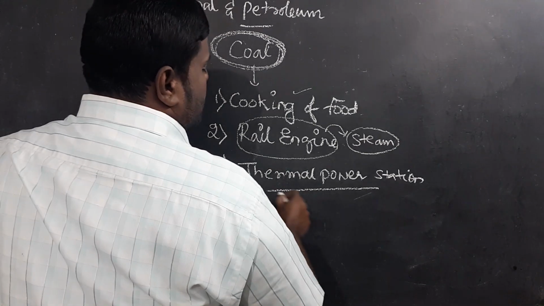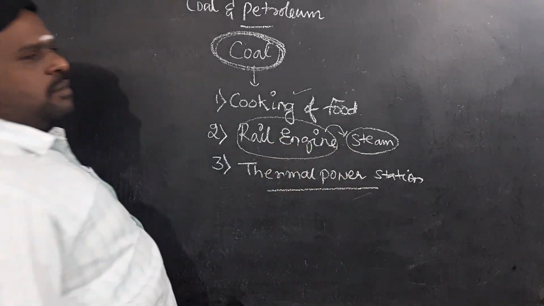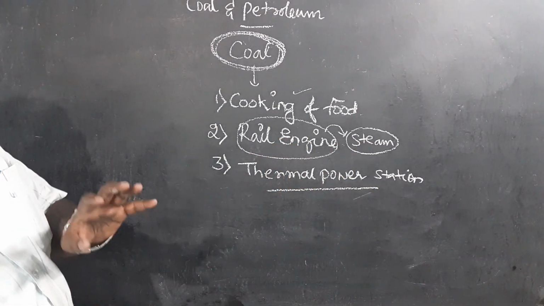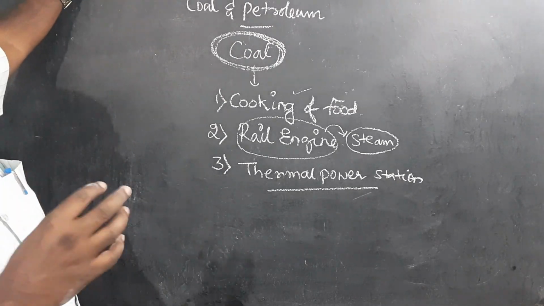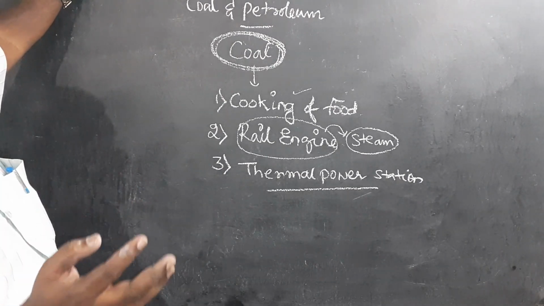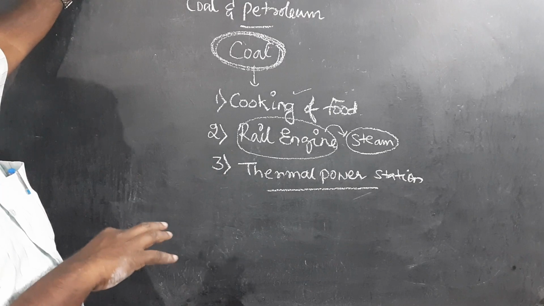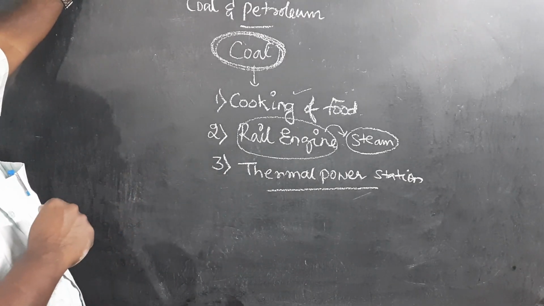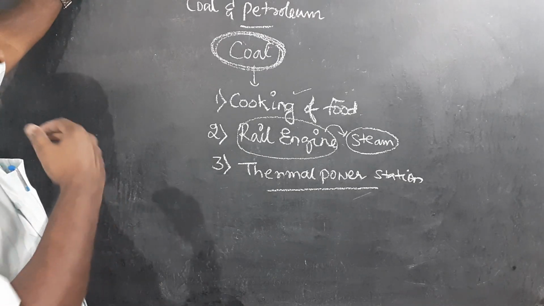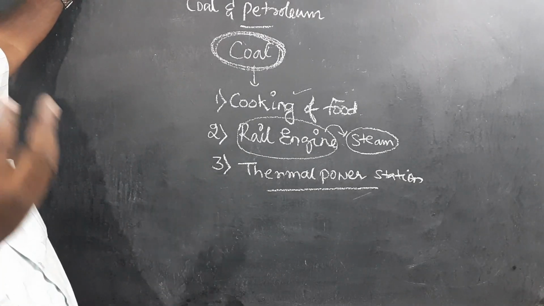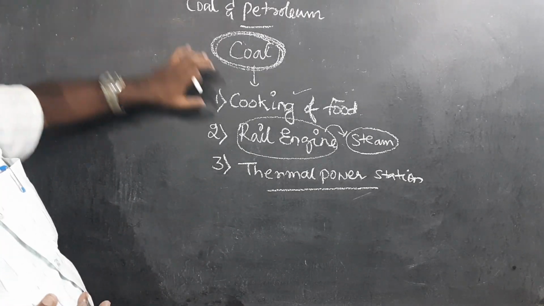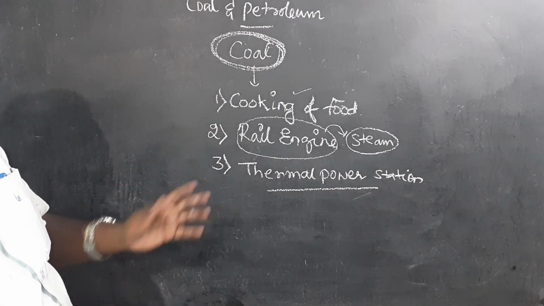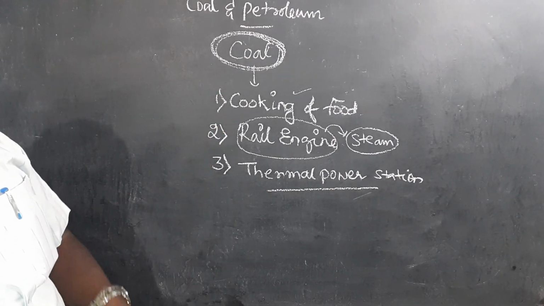You will be studying about thermal power stations, where they burn the coal, it is converted into steam, and from steam they produce electricity. That is what we call thermal power stations. These are the uses of coal which we used earlier: cooking of food, railway engines as well as thermal power stations.